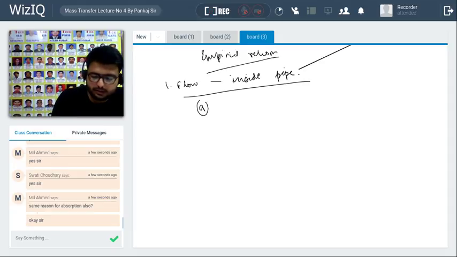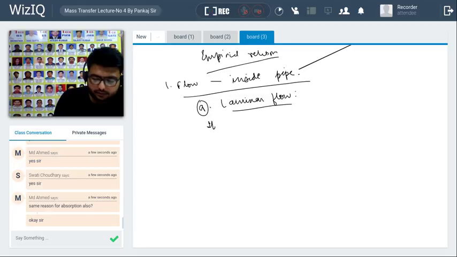Number one, laminar flow. Try to see on the board at the moment itself because I'm facing some technical problem. These lines are getting drawn on themselves. So at least try to focus on the words that I'm writing.